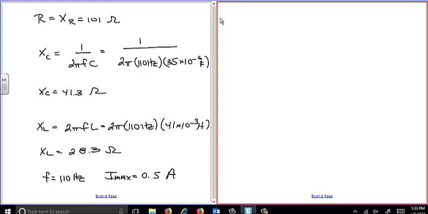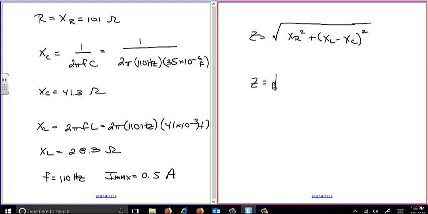Okay, now you have to put all this together in terms of impedance. So the impedance is the square root of X sub R squared plus X sub L minus X sub C, quantity squared. So my resistance is 101 ohms squared.